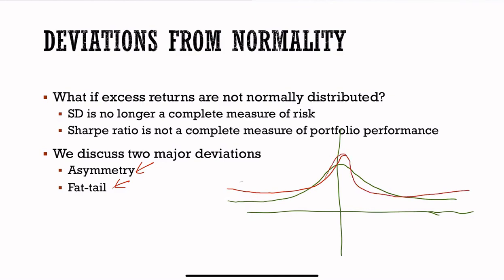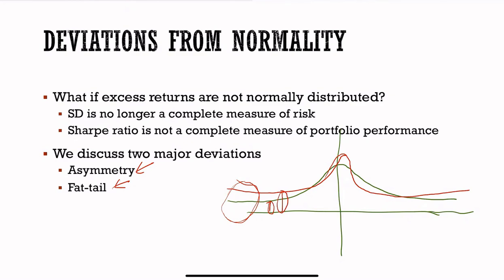So you can see that the tail here is fatter, right? Because you can see that the thickness of the tail of the normal distribution is given by this. But for security returns, its tail looks like this. So it's a fat tail distribution.